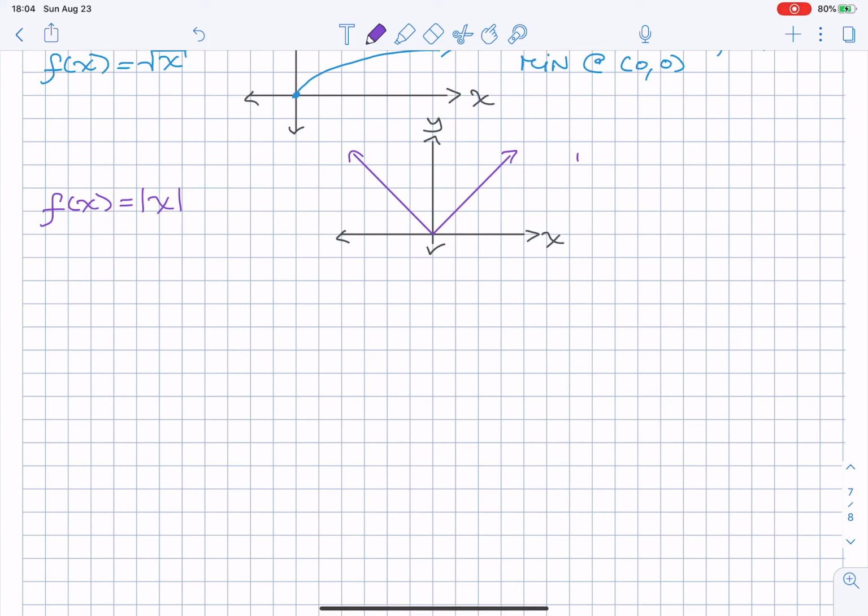Okay, so this is clearly decreasing all the way to the left to 0. Then it's increasing from 0 all the way to the right. And it looks like there is a minimum at 0, 0. So local min. Well, actually, we'll just put min at 0, 0. So hopefully this is making sense so far.